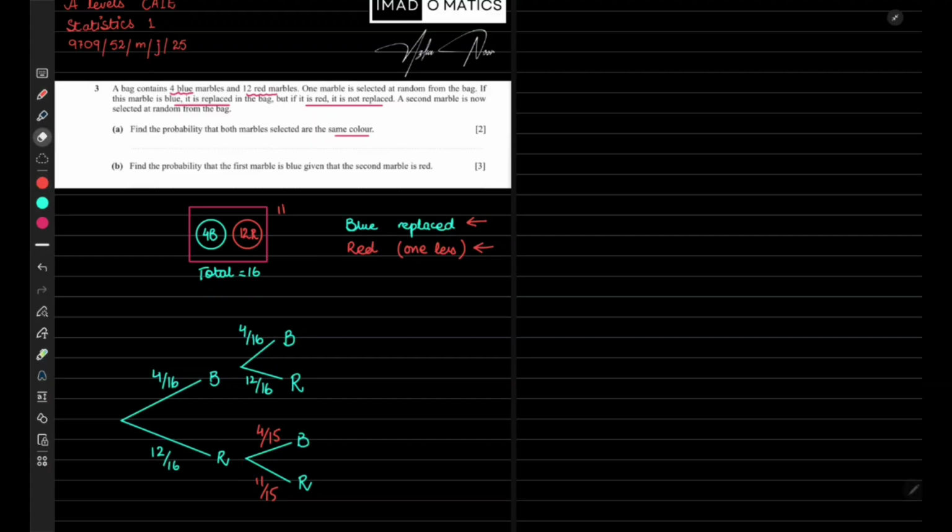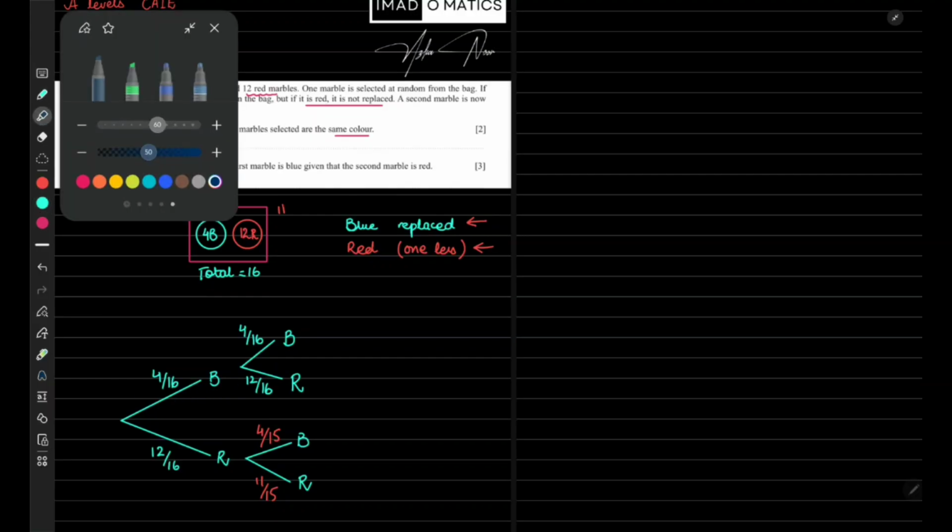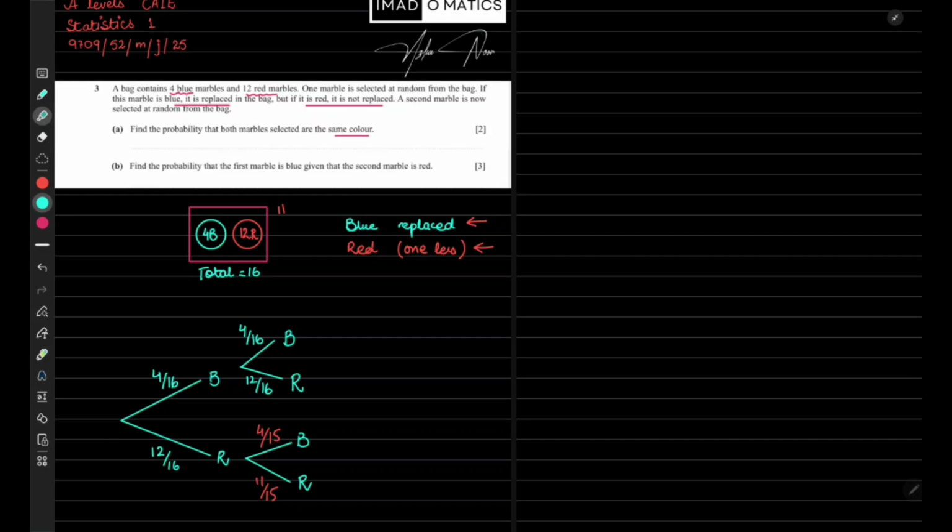Now that we are done with the tree diagram, let's understand what they are asking us. Find the probability that both marbles are of the same color. Same color means we have either blue blue or red red. So let's write that down.